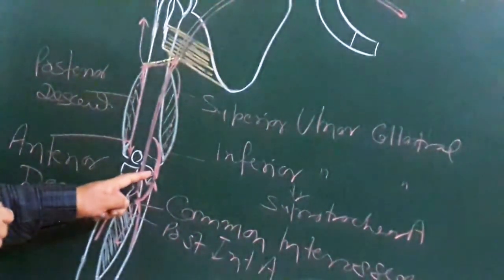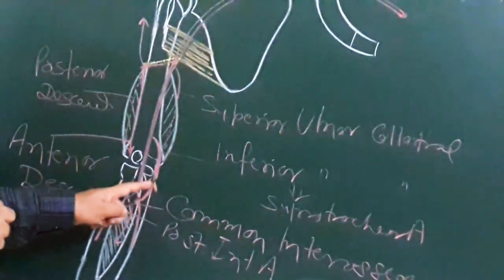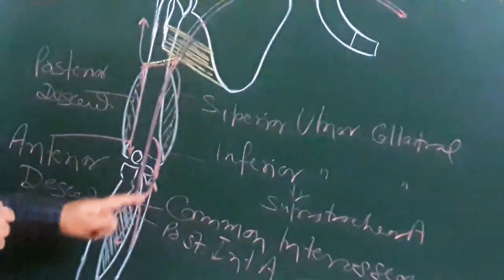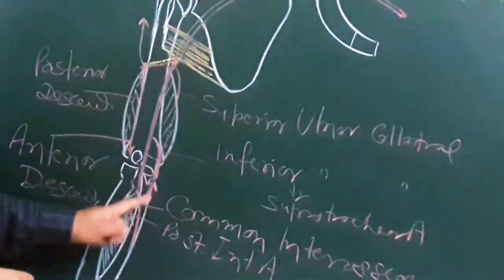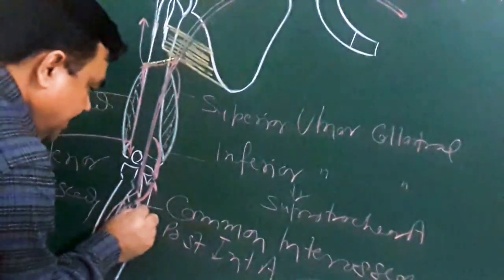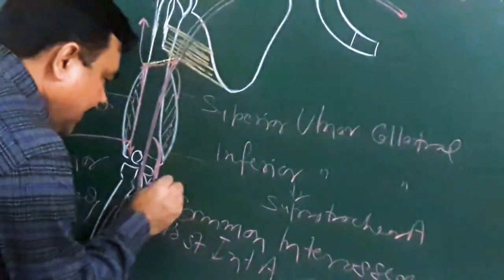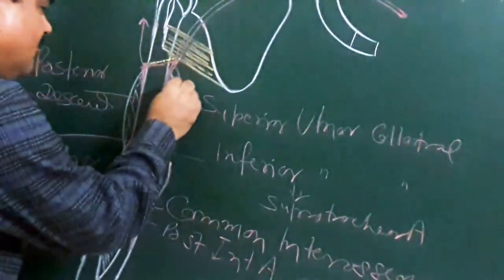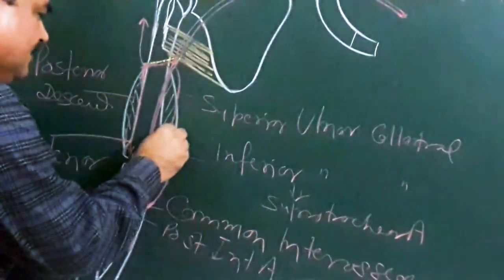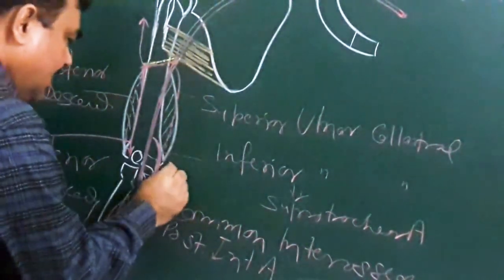This anastomosis is present on the anterior part of the medial epicondyle. And another branch here is the posterior ulnar recurrent, which anastomoses with the superior ulnar collateral.